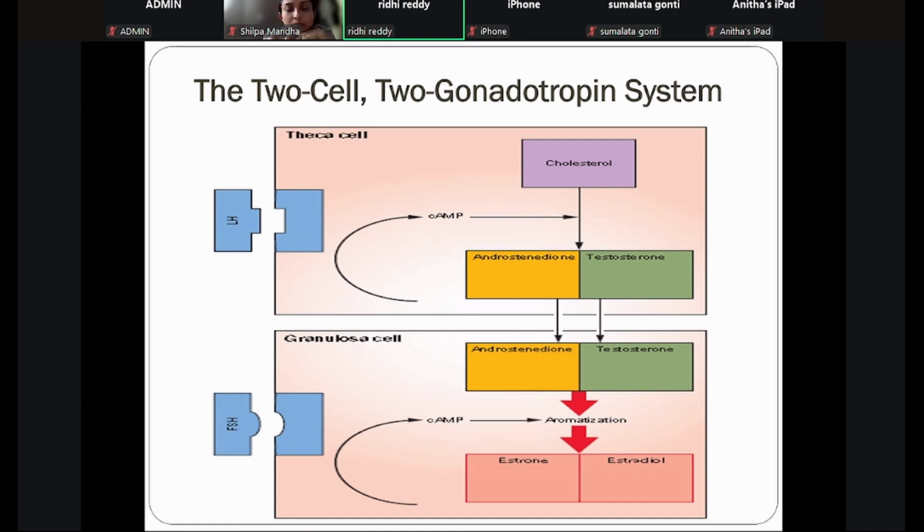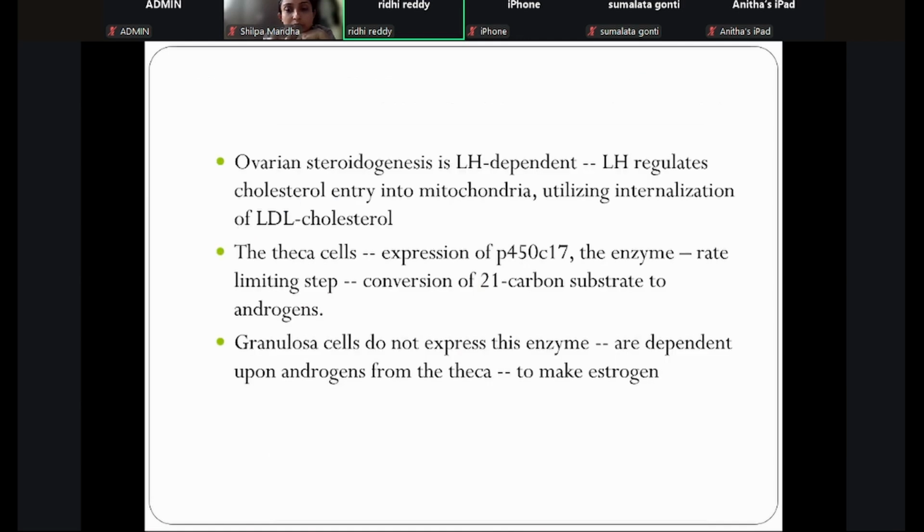It takes in cholesterol, and then due to the P450 enzyme, it converts cholesterol into androstenedione and testosterone, which are taken up by the granulosa cell, and then aromatized under cAMP mediation into estrone or estradiol. Thus ovarian steroidogenesis is LH dependent.